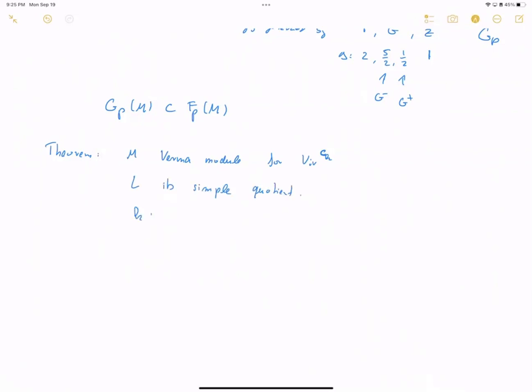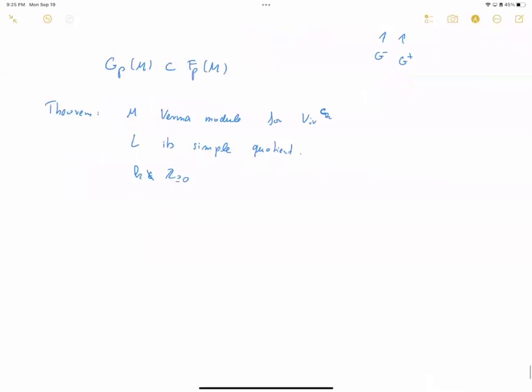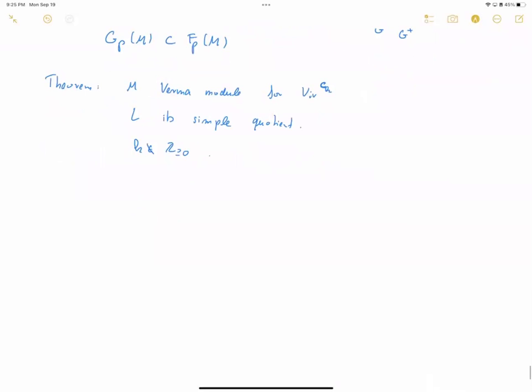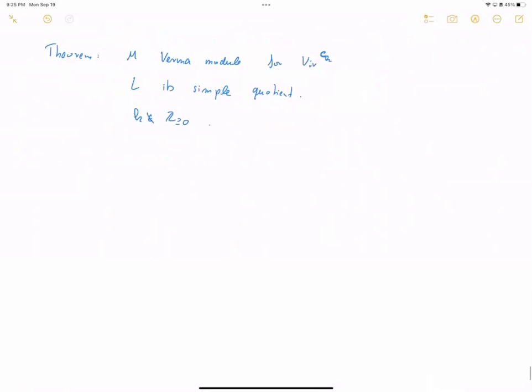Let K be not a positive integer. Then the following statement is true. This module L is C1 cofinite as a module for the Virasoro algebra.